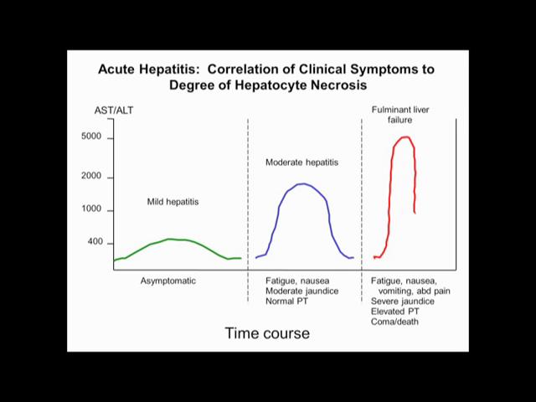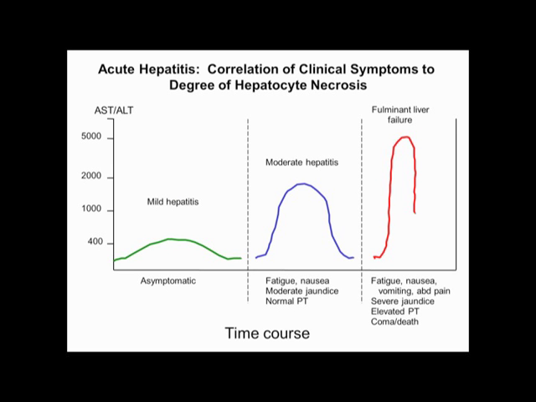Fulminant liver failure, which means you had such a vigorous immune response that between your immune system and the virus, you've wiped out most of your liver. You will clearly have a lot of symptoms, and you will also start showing the signs of liver failure. And the transaminases may actually fall abruptly at some point because you've run out of hepatocytes. There aren't any more to necrose.